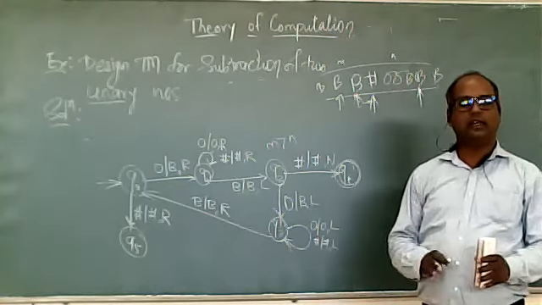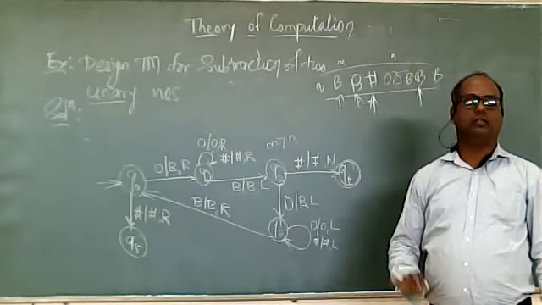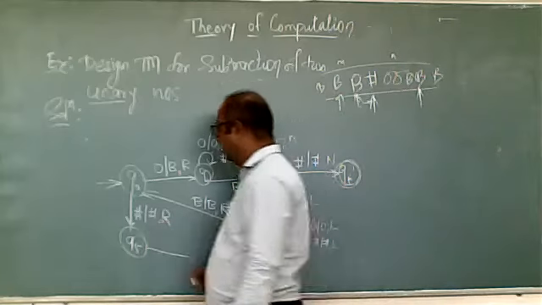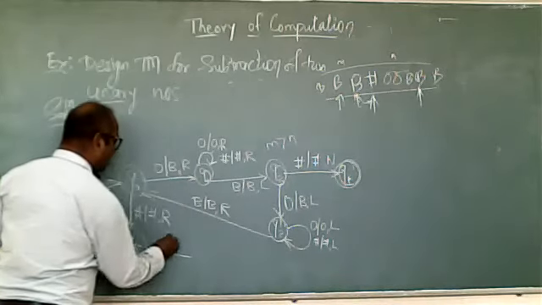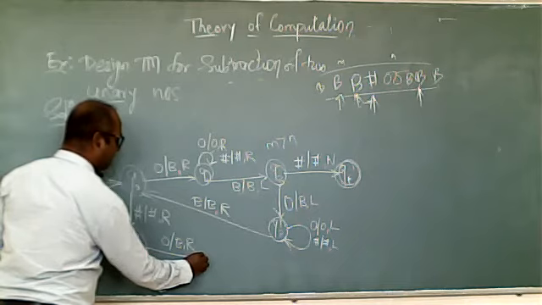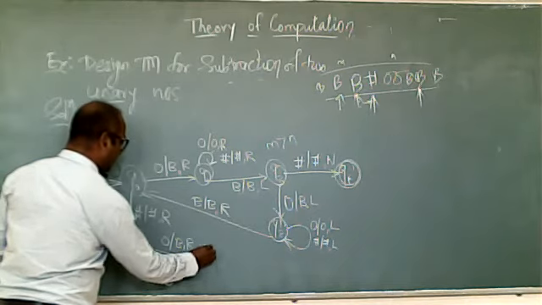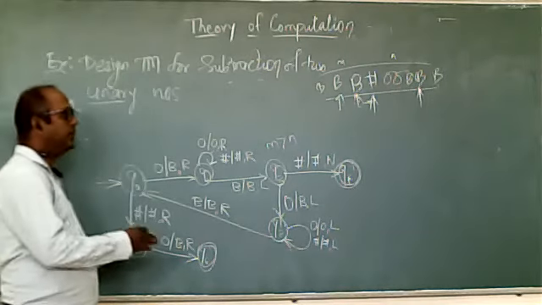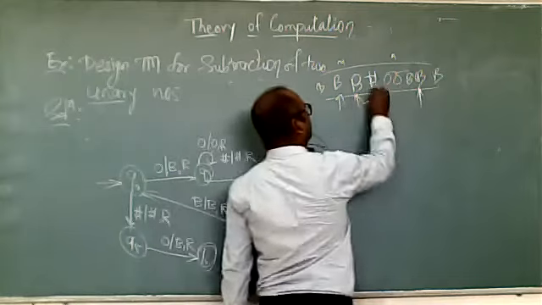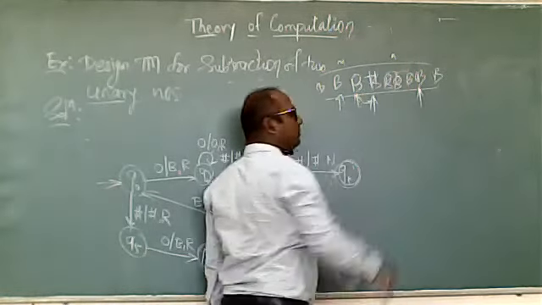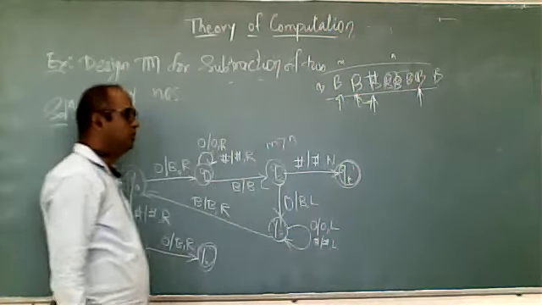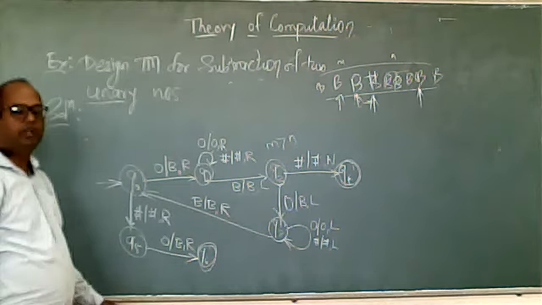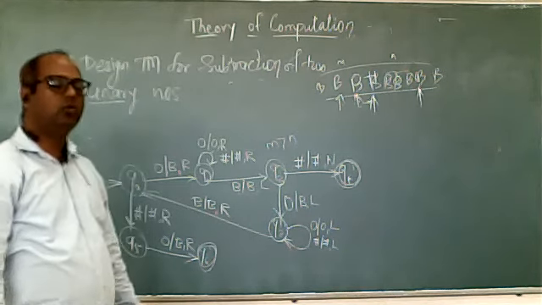If m is less than n, the result should be 0, not minus. So after that, all zeros are replaced with blank and right. Q6. All zeros with blank, right. So at the end we should get all blanks, which means 0. This is the Turing machine for subtraction of two unary numbers.